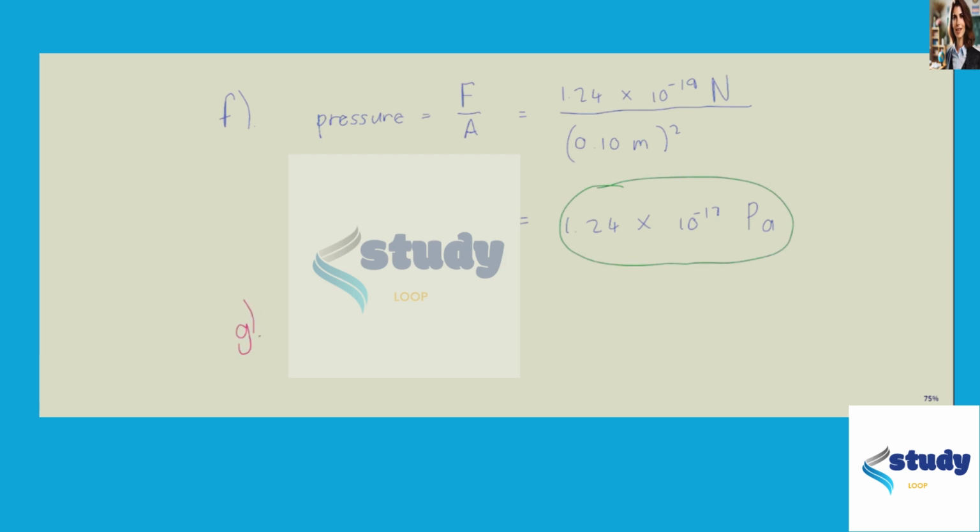Next, for part G of this problem, we want to know how many oxygen molecules traveling at this speed are required to produce an average pressure of 1 atmosphere. So we know the pressure now is equal to 1 atmosphere, and 1 atmosphere in pascals is 1.013 times 10 to the power 5 pascals.